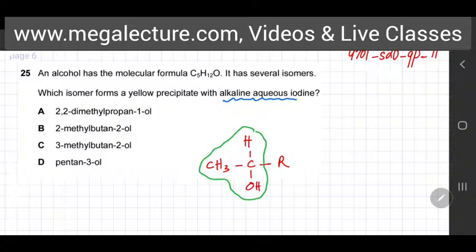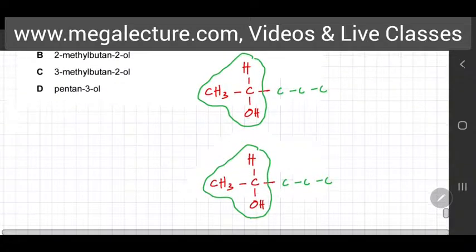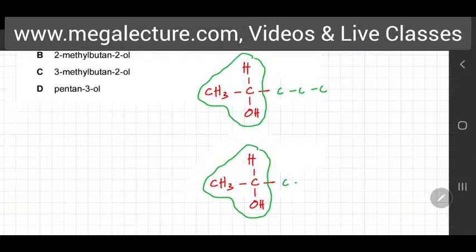So how many different ways can you accommodate 3 carbon atoms? 3 carbon atoms could be arranged in this manner, that's one. The other one you can have is that the carbon atoms are arranged in a branched manner, 1, 2, and 3.